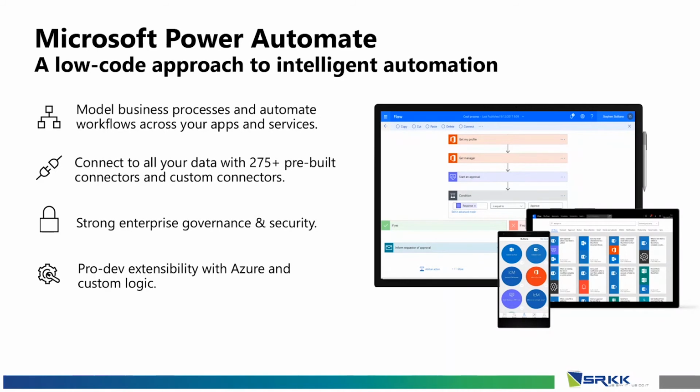Power Automate has data connectors, more than 275 pre-built connectors, and of course, custom connectors. Connectors are what you use to have Power Automate talk to other different systems, right? Yammer is one example. Microsoft Teams is another example. SharePoint is another example, plus many other connectors as well.